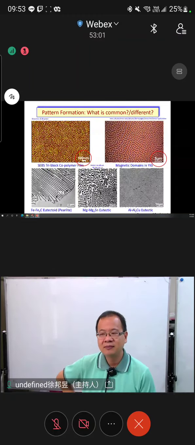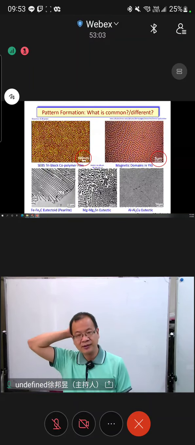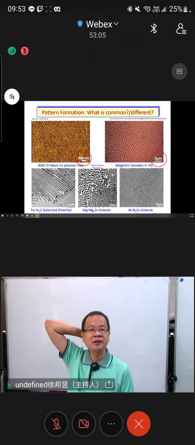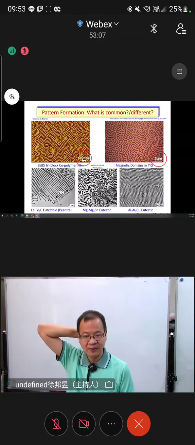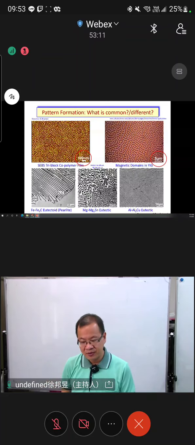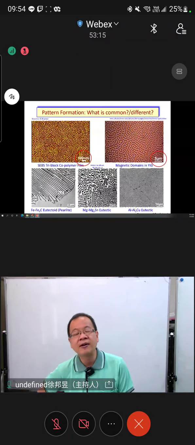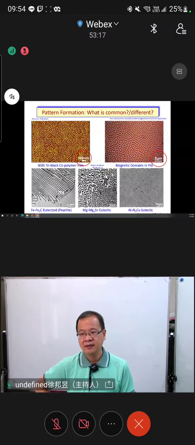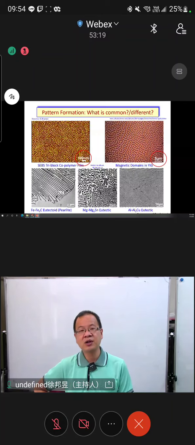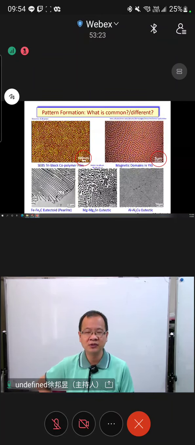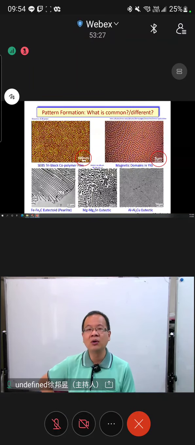But the scale bars are the important information, the dimension. In such different dimensions, one is like 100 nanometer, the other is 5 micron. And why does this kind of structure look like it repeats itself, sort of, not identical, but sort of.